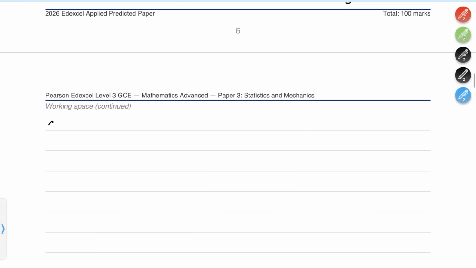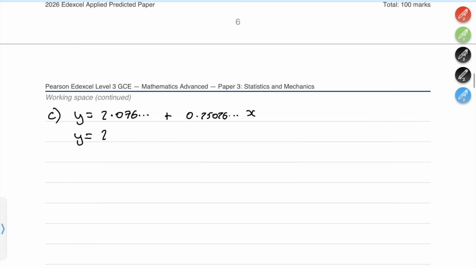So we should get Y equals 2.076 plus 0.25026x. And I'm going to round this to 3 significant figures: 2.08 plus 0.250x.